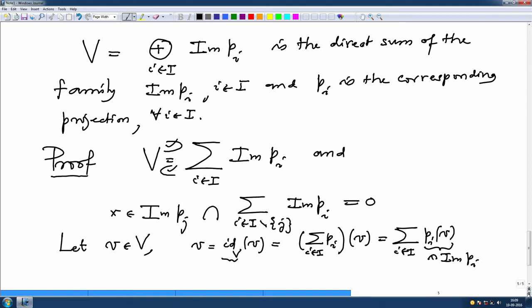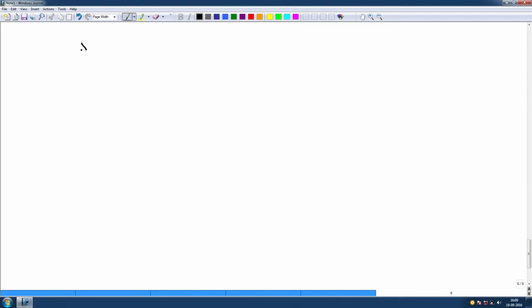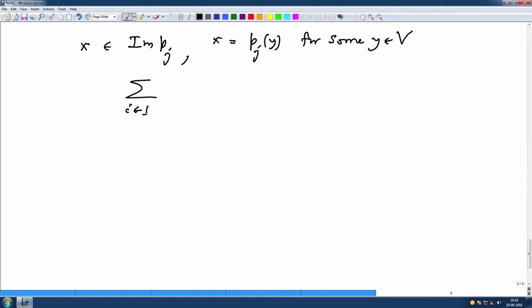Therefore, because it is in the image of Pj, we can write x as Pj of y for some y in V. On the other hand, it is also in the summation over i in I different from j of the image of Pi.